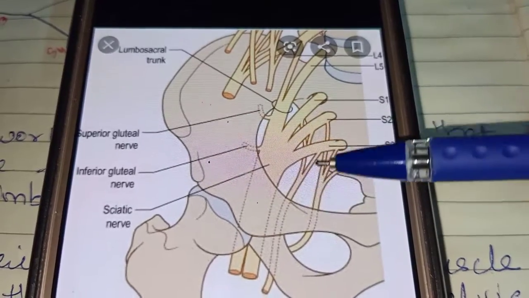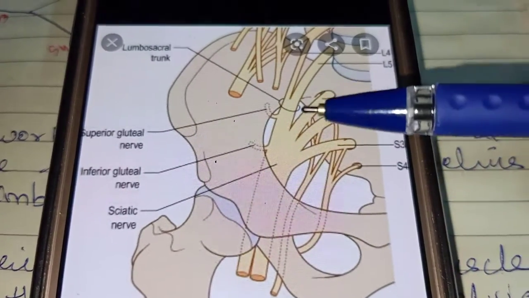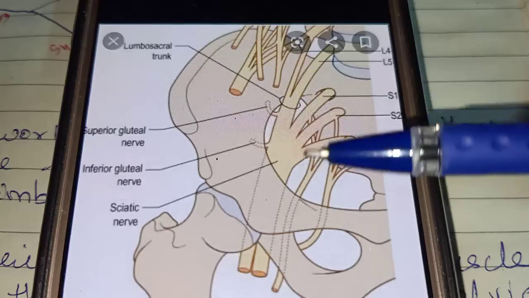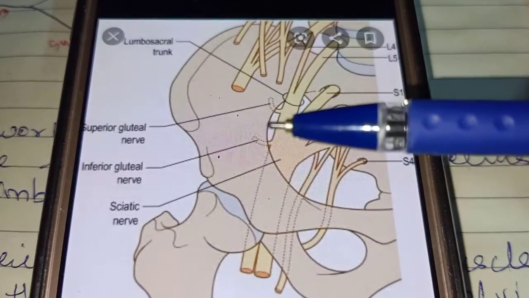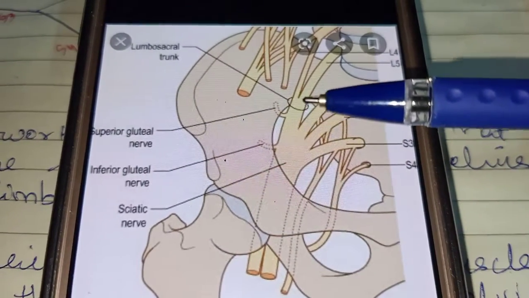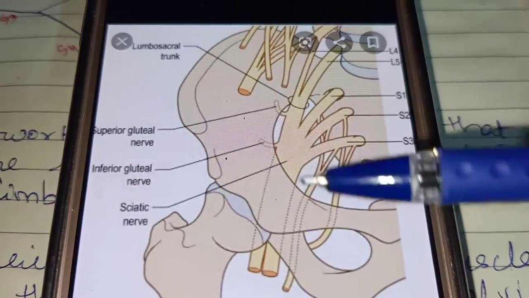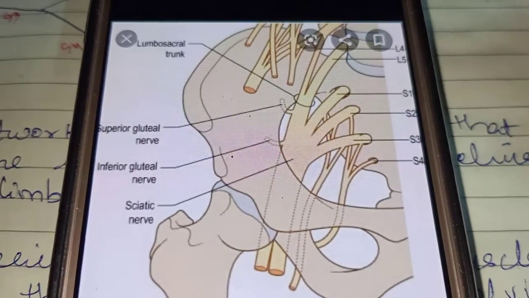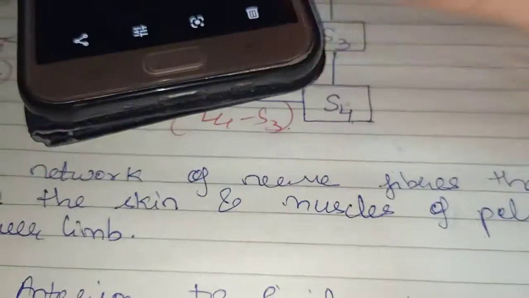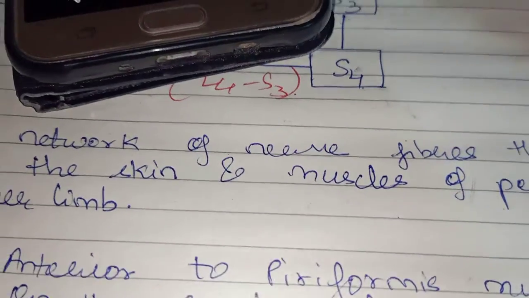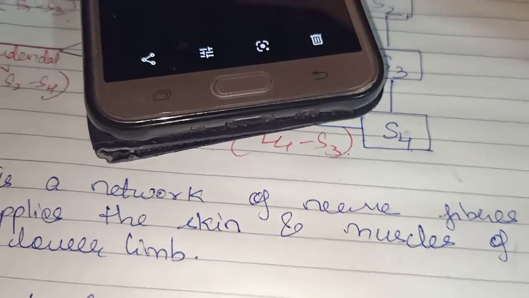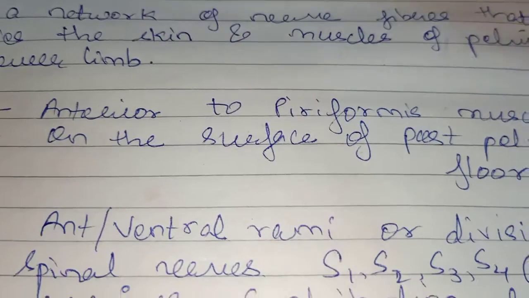This plexus is completely anterior to the piriformis, on the posterolateral surface of the pelvis, or the posterior pelvic floor. It is present in the posterior pelvic floor.